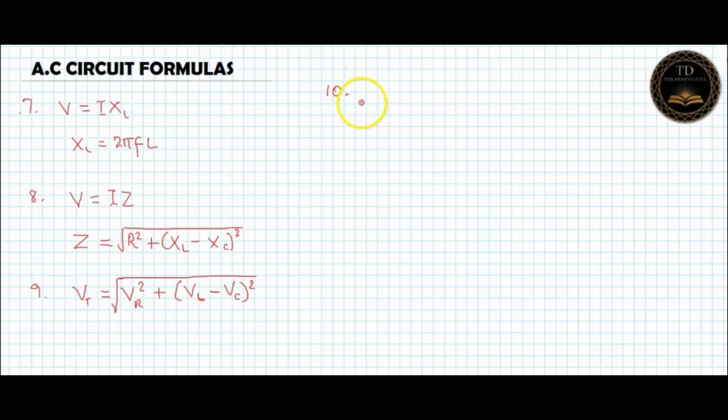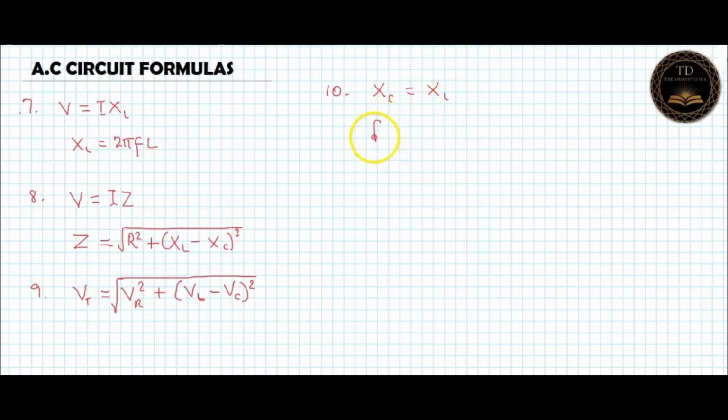Next formula is resonance frequency. Now, resonance frequency occurs when the capacitive reactance is equal to the inductive reactance. You can actually derive the formula using this, but for the sake of time, I'll just jump right to it. But just note that resonance frequency occurs when the capacitive reactance equals inductive reactance.